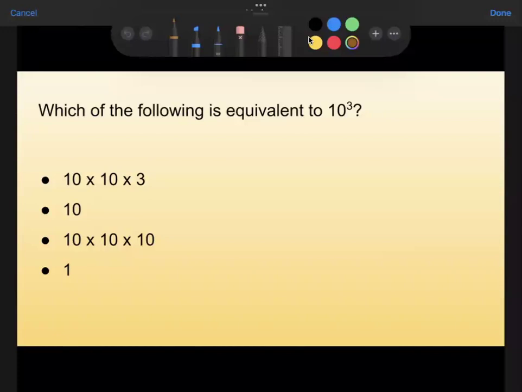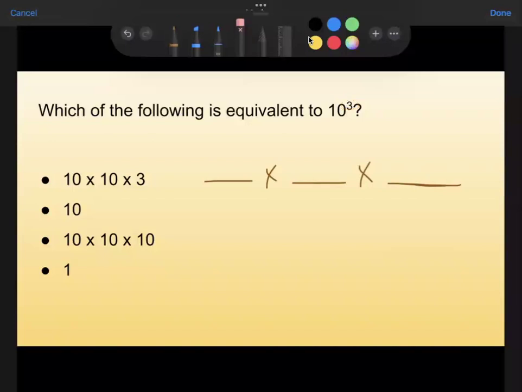So here's our first one we're going to go through together. Which of the following is equivalent or equal to 10 to the third power or 10 to the power of 3? So as we talked about, the regular size number is the base, and the smaller number up in that right corner is the exponential number. The exponential number tells us how many numbers we are multiplying. So I'm going to go ahead and put 3 lines because it's to the third power, which means we're going to be multiplying the base 3 times.